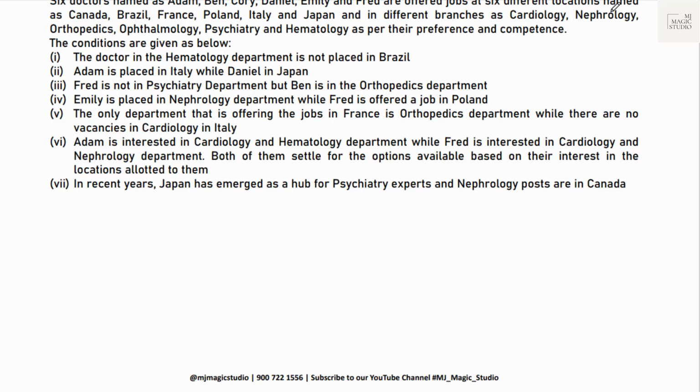Okay, I believe we all have done this. And how shall I do it? 6 people from 6 different locations and from 6 different branches. So I'll have this grid.